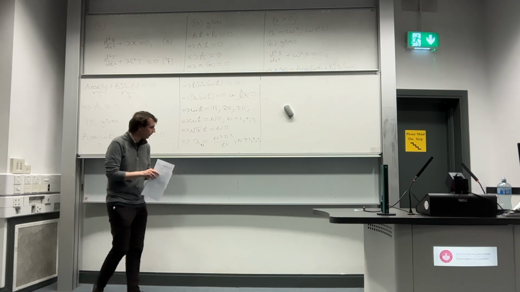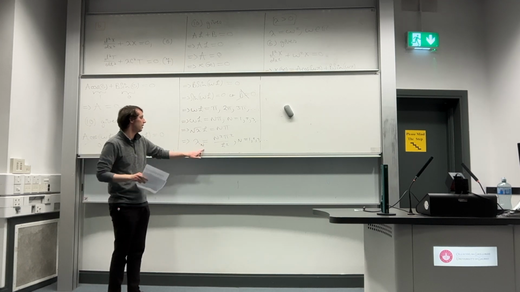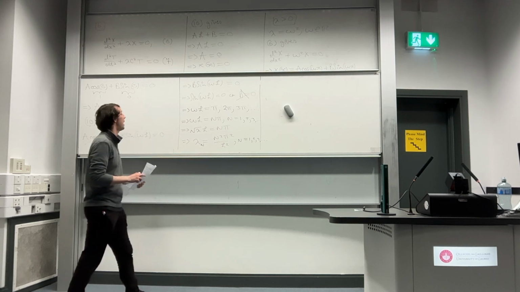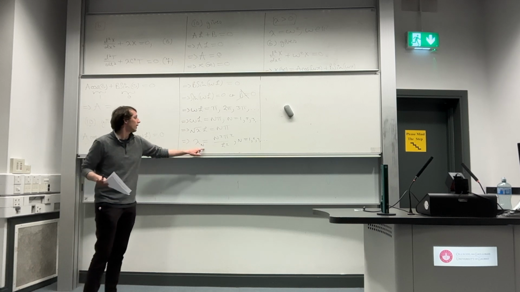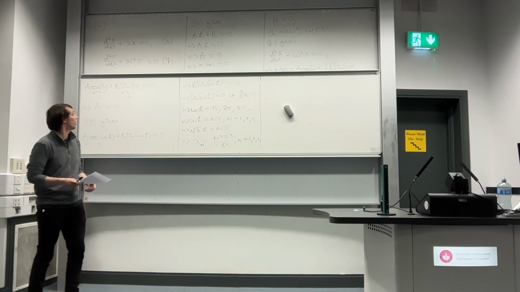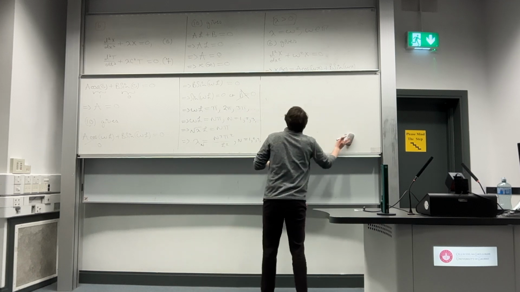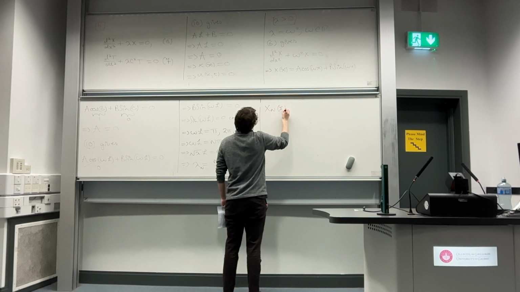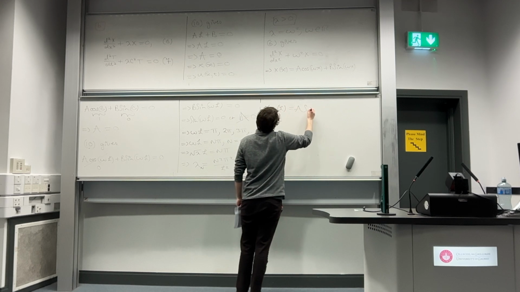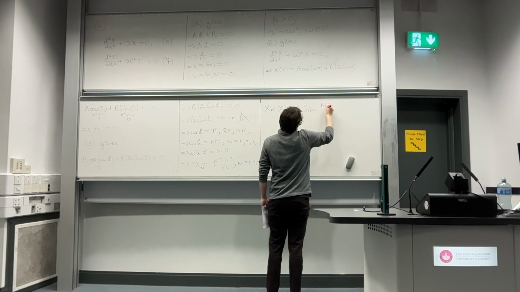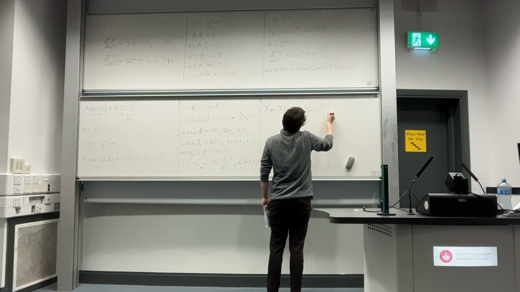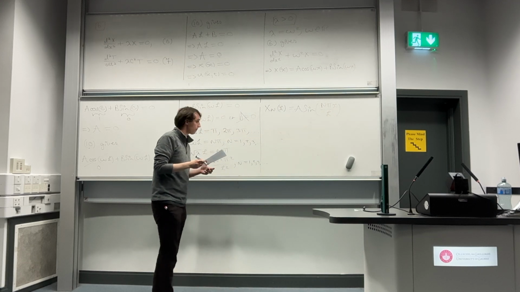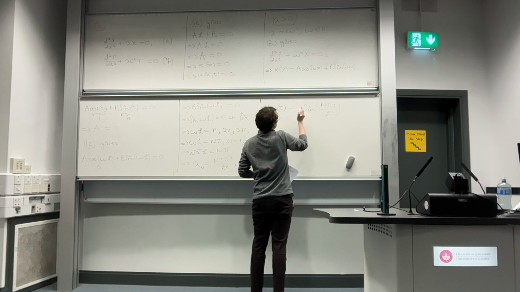Okay? Now for each lambda n, we have a corresponding solution to our x equation, namely xn. So if we substitute our lambda n values back into our equation for x, we get that the corresponding xn's are given by b sine of n pi x over L. Sorry, this is meant to be b, my mistake.